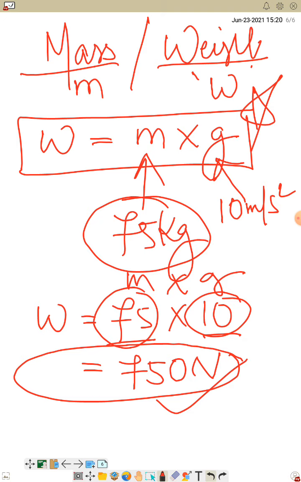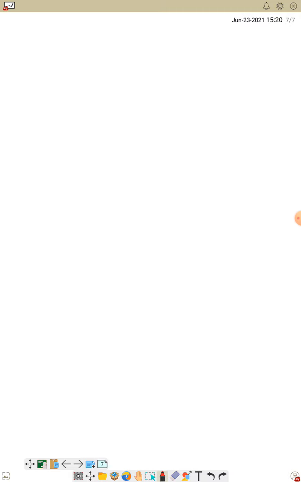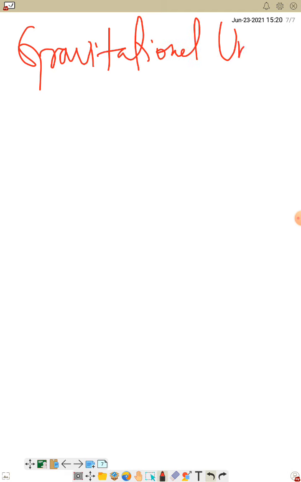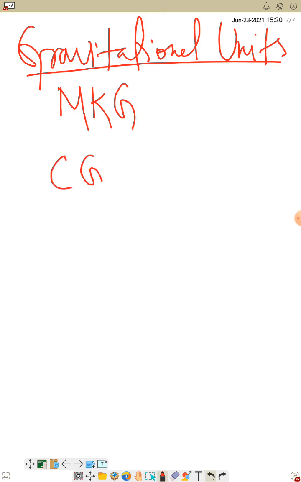Please remember this. Okay, so now let's discuss the last topic from this unit, that is gravitational units. What is it? Gravitational units. Okay, in MKS system, gravitation को के हुन्छ? MKS र CGS हुन्छ. Standard units को त के थियो?